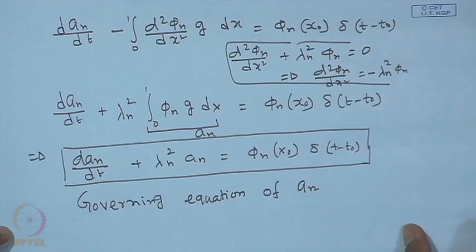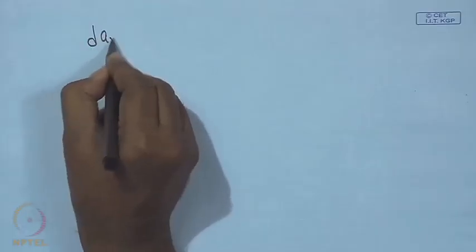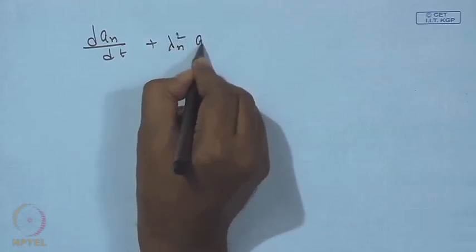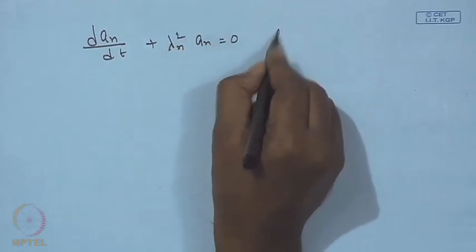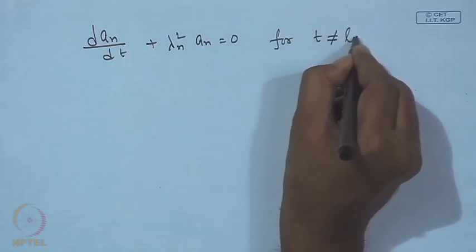Okay. Next, we solve for a n. If you look at the way we have done earlier, d a n dt plus lambda n square a n is equal to 0 for any value of t which is not equal to t naught.